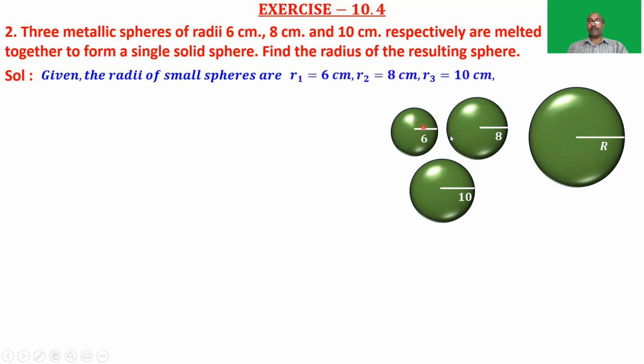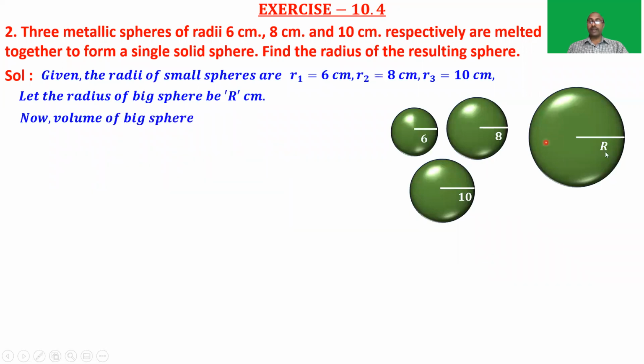So R1 is 6 cm, R2 is 8 cm and R3 is 10 cm. And let the radius of this big sphere be capital R centimeter. Now the volume of this big sphere is equal to the sum of the volumes of the small spheres that we have taken to make this large sphere.